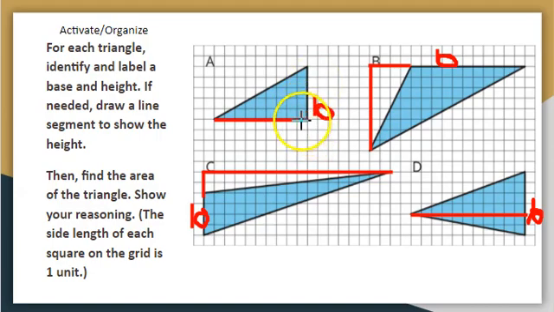Okay, so for here, we had 1, 2, 3, 4, 1, 2, 3, 4, 5, 6, 7, 8, and 9 for a base, and 1, 2, 3, 4, 5 for a height. 9 times 5 is 45, but we have to take half of that.